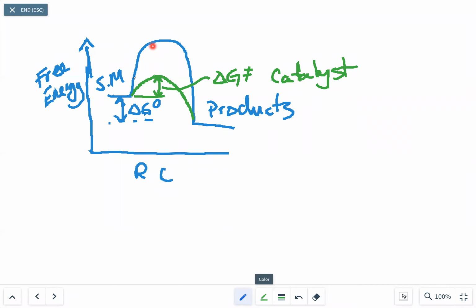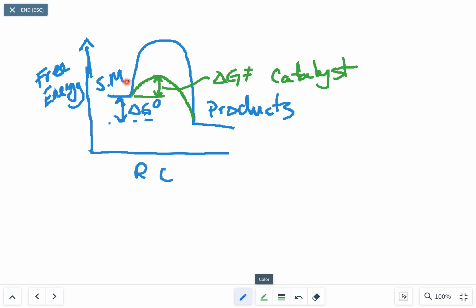a catalyst. So without a catalyst, you're going to have to put way more energy in to get to the top of this hill to get over. So catalysts can lower that activation energy. And so that's basically another way that you can reduce this.